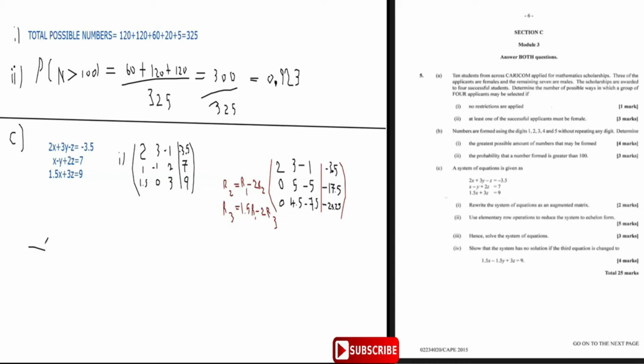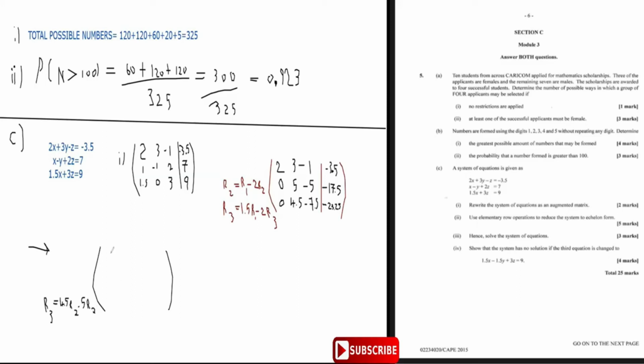So let's continue. We need to write that row 3 is now going to become 4.5 row 2 minus 5 row 3. That's what we're going to do.